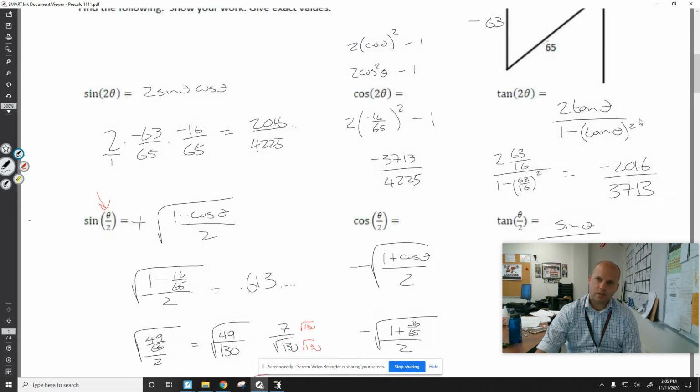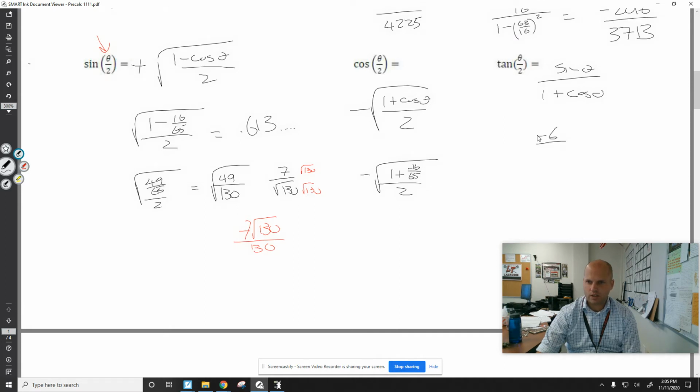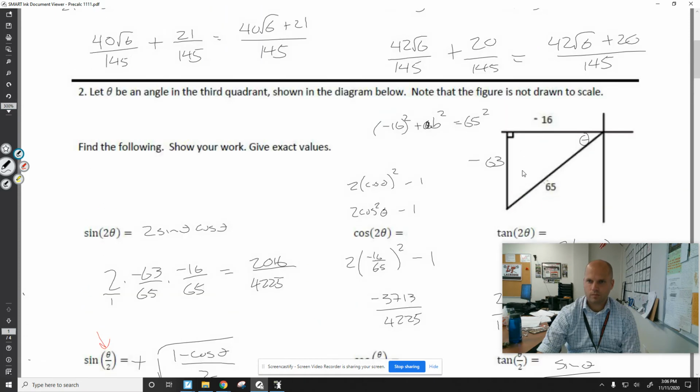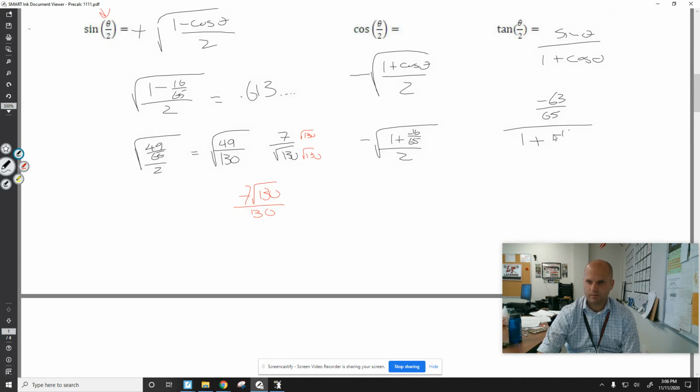That is negative 63 over 65 over 1 plus negative 16 over 65.